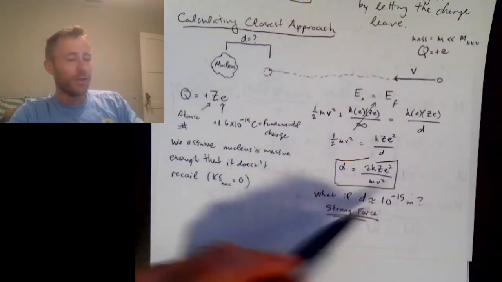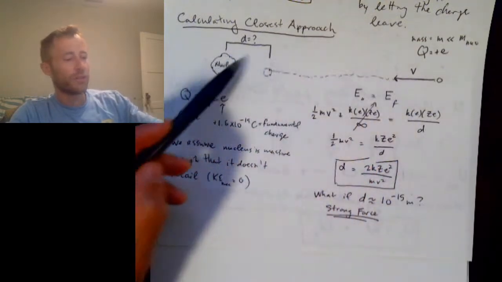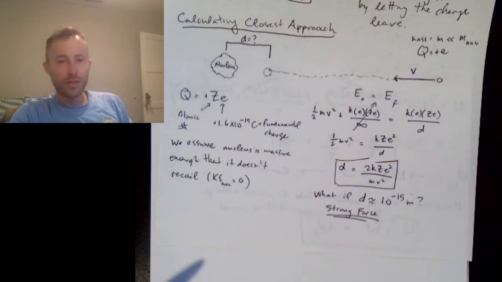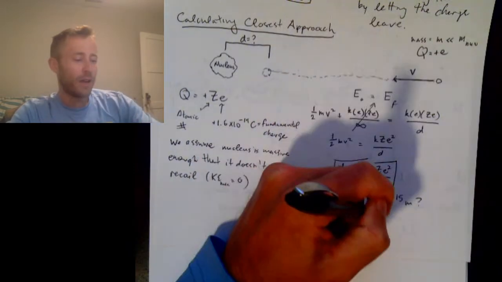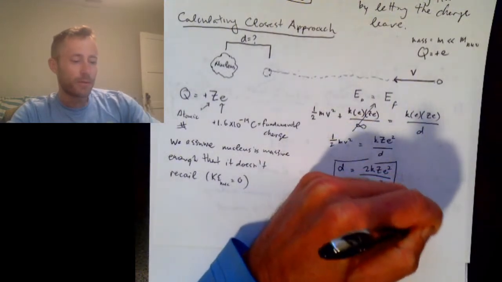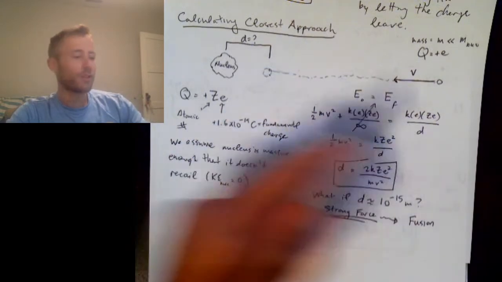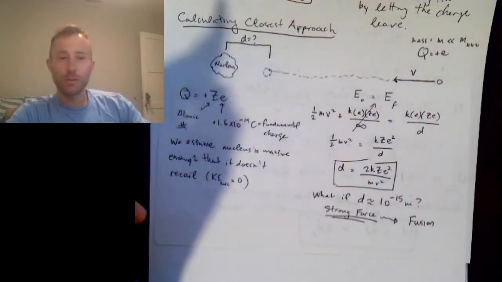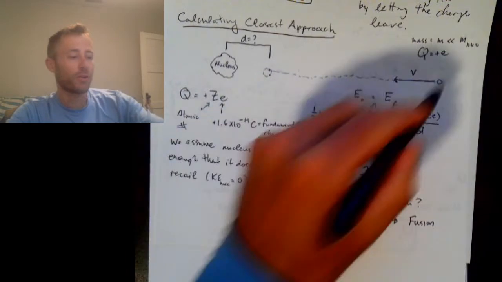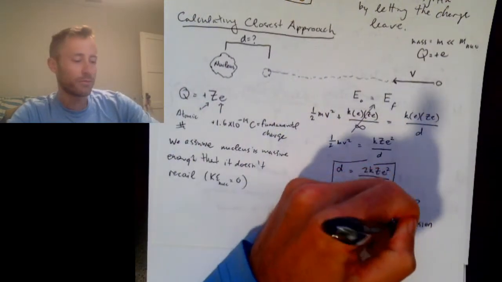And so if you have a large enough speed such that you could get within 10 to the minus 15 meters, then the strong force might take over and you could have fusion occurring. So that means that the particle has gotten so close that the strong force takes over and this particle becomes part of the nucleus. You have fusion, okay?